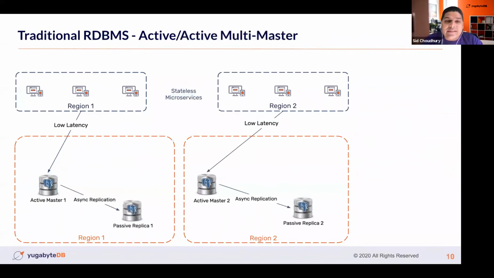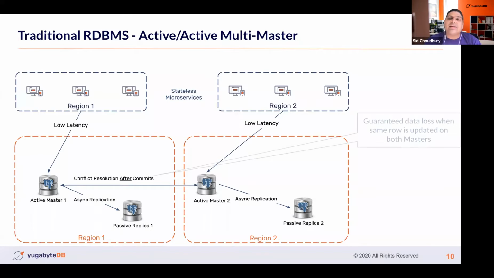You can enhance this architecture a little bit more, where instead of having all the writes go to only one region, you can have two masters, which is a full copy of data on both regions, and then do bidirectional async replication using a simple conflict resolution protocol called last writer wins.